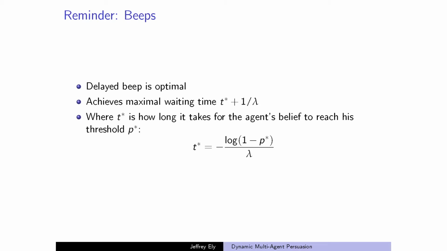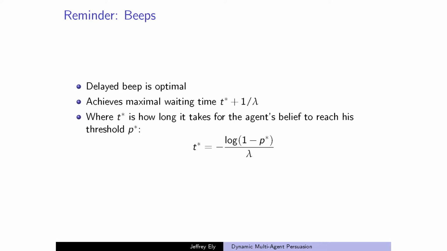So this is a dynamic Bayesian persuasion problem. There's a principal and an agent. The principal is observing privately a stochastic process. Over time, he's informing the agent about the current state of the process. The agent, based on the information he receives, updates his beliefs about the current state, and the agent takes actions.